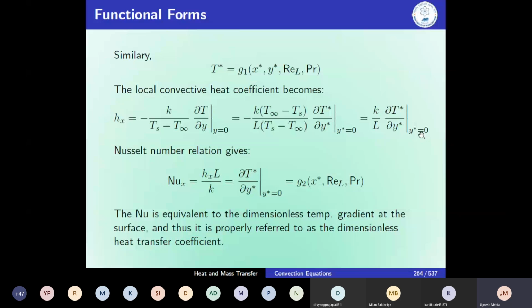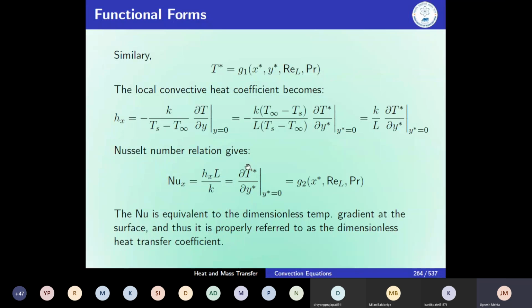Now how is Nusselt number defined? The Nusselt number is defined as hL by k. So you have this equation for h, you multiply it with L and divide by k, so even this will disappear. Finally what you are able to show is that Nu x, the local value of Nusselt number, is dT star by dy star.